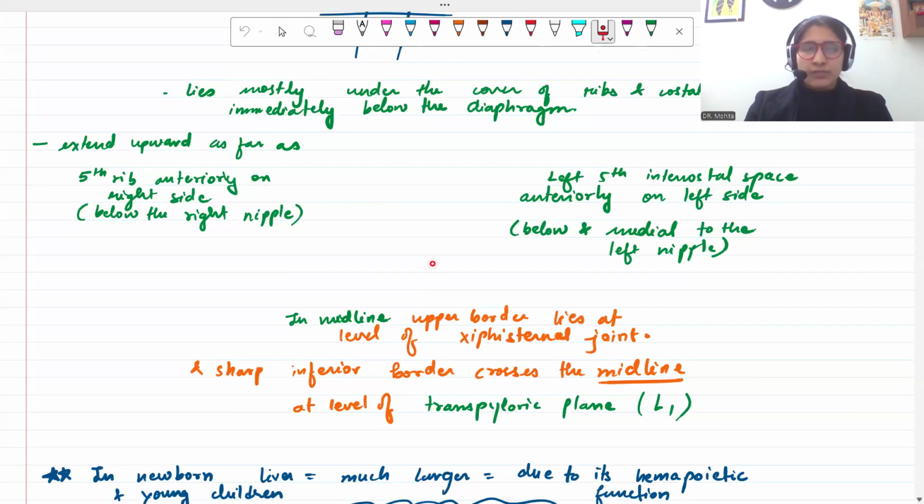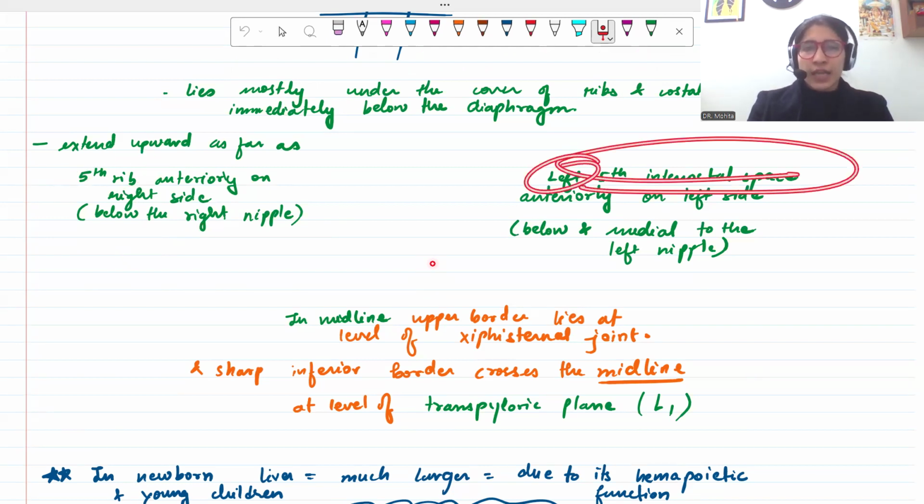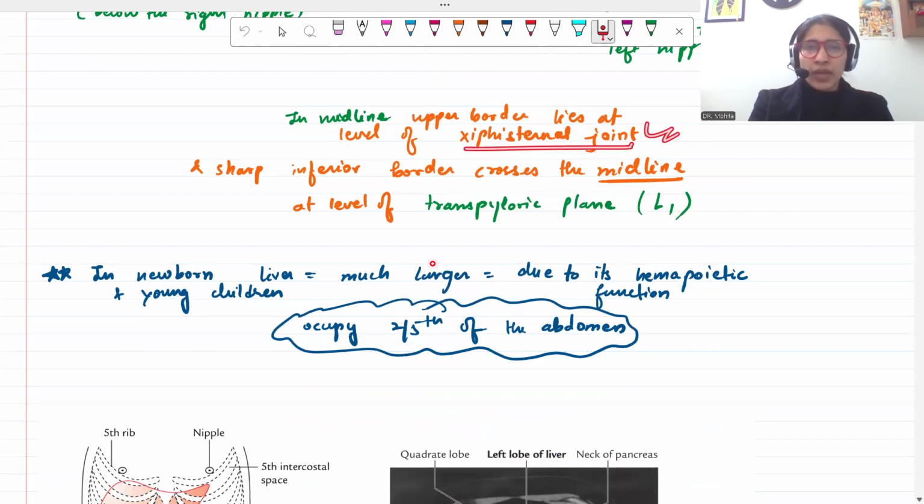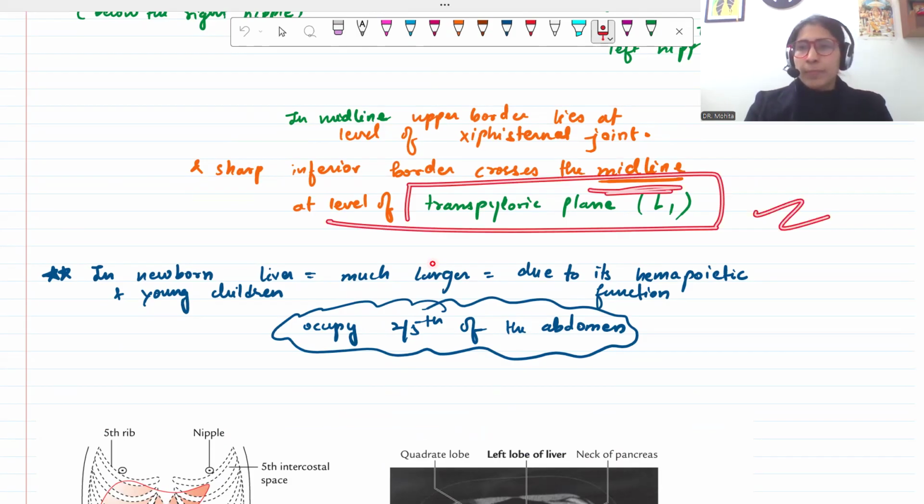If you get everything. This one, fifth rib on the right side, fifth intercostal space on the left side, in the midline, xiphi-sternal joint, and inferior border, sharp. Inferior border is crossing the midline at the level of transpyloric plane.